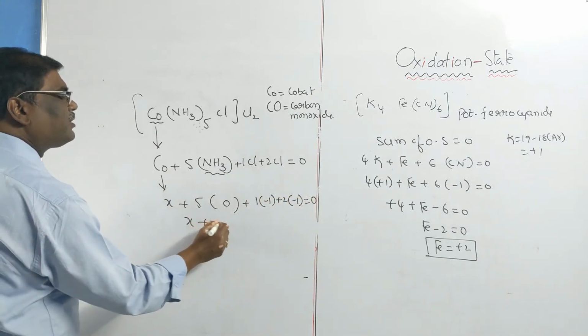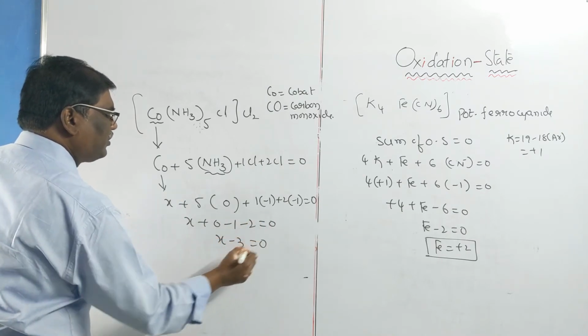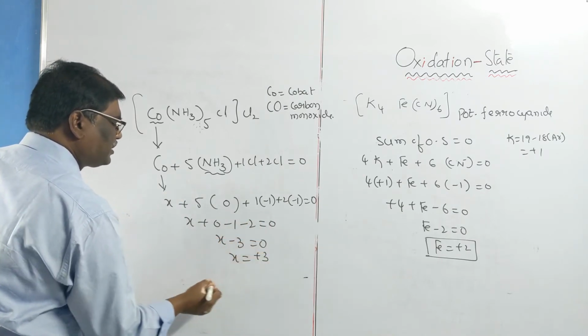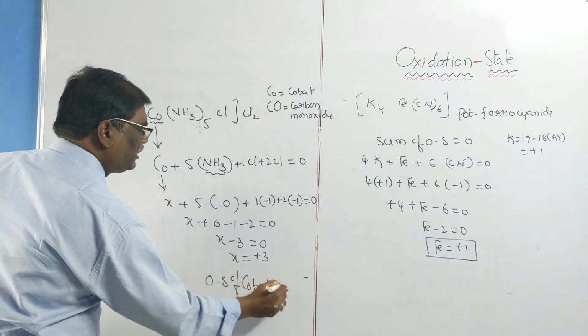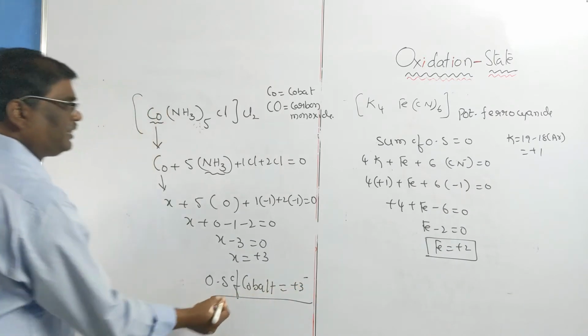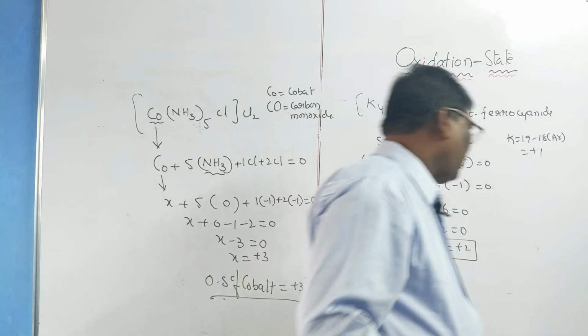So X plus 0 -1 -2 equal to 0, X minus 3 equal to 0, X is equal to +3. So the oxidation state of cobalt in this complex is +3. Thus the oxidation state of neutral complexes is calculated.